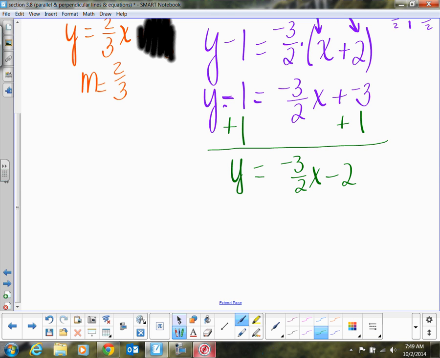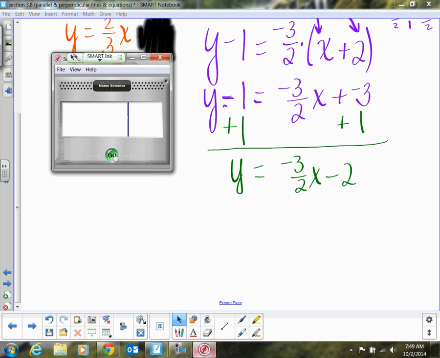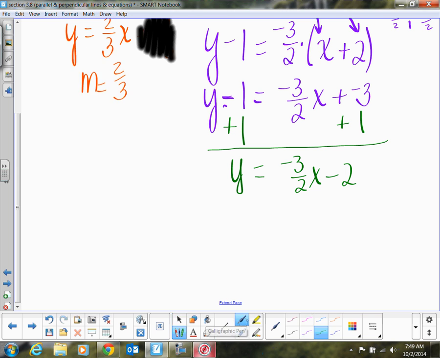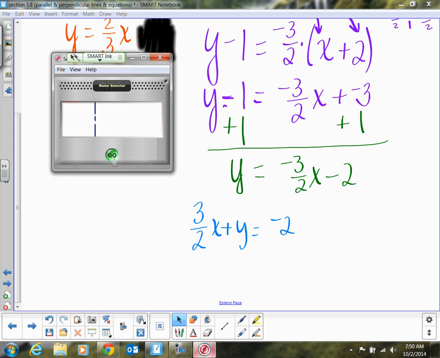So now if I want standard form, what do we have to do, Brittany? So now we have to move this by adding 3/2 x plus y equals negative 2. We are so close, but standard form is the attractive form.